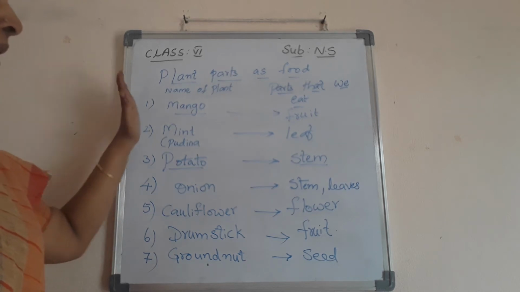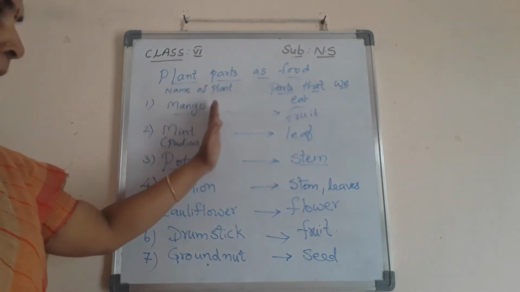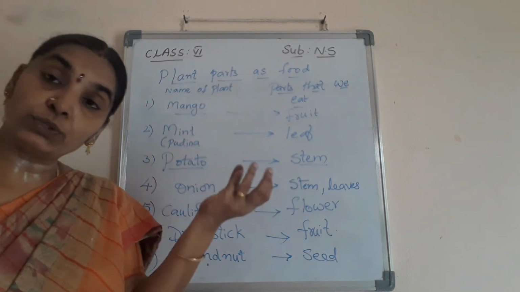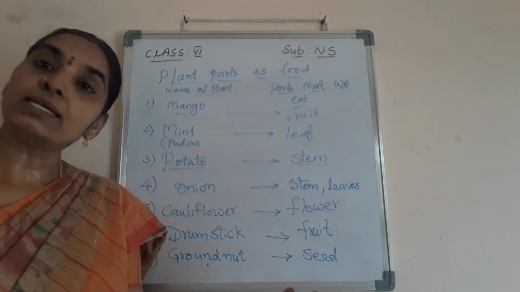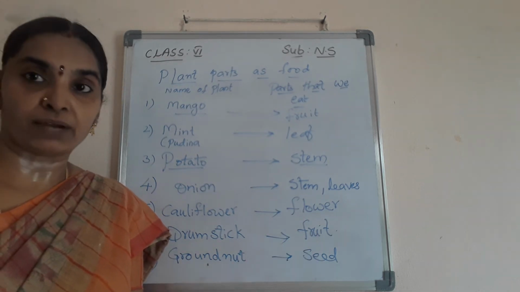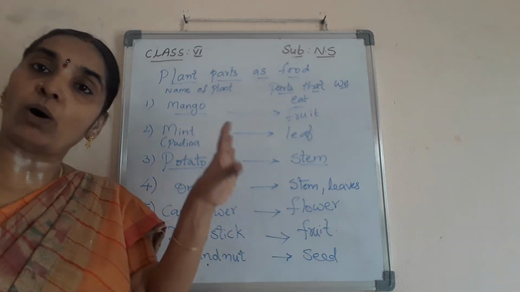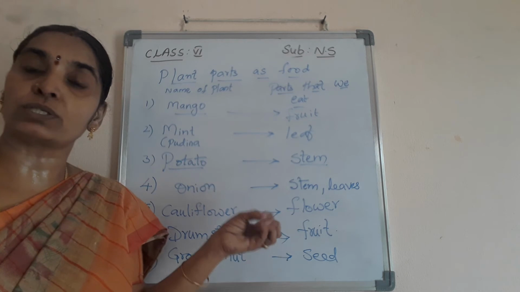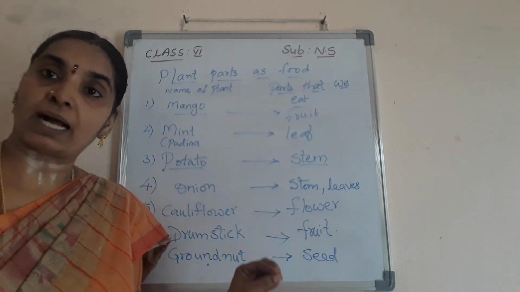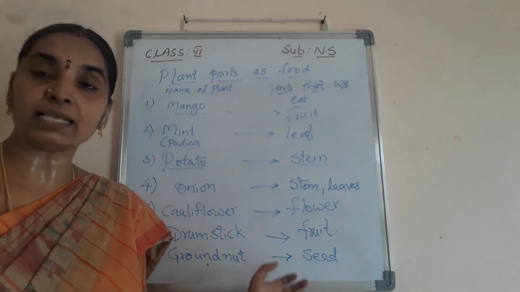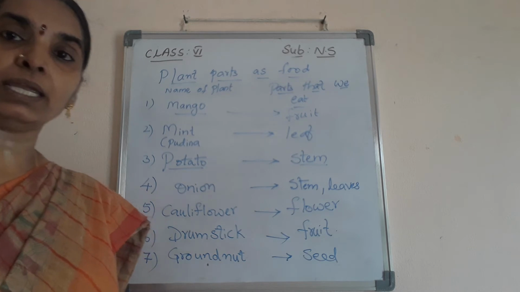The parts of the plant that we eat are seeds, roots, stem, leaves, flowers and fruits, isn't it? All plant parts are not used as food. Certain plant parts in certain plants are used as food. What are they? You are seeing today. Okay, note down.